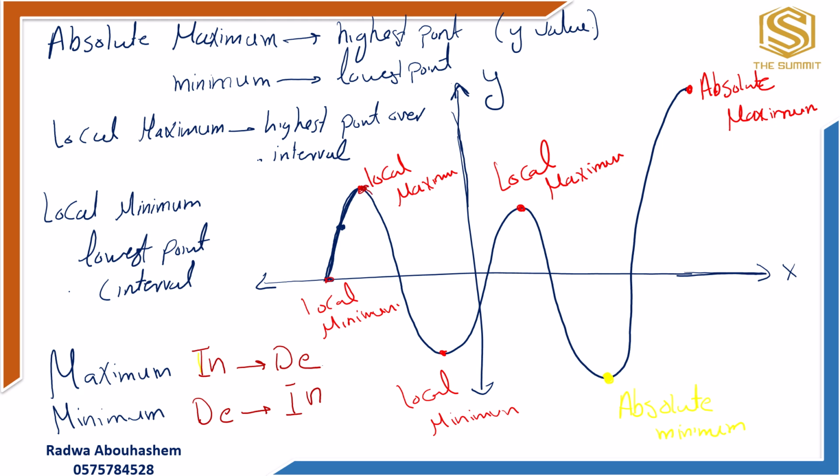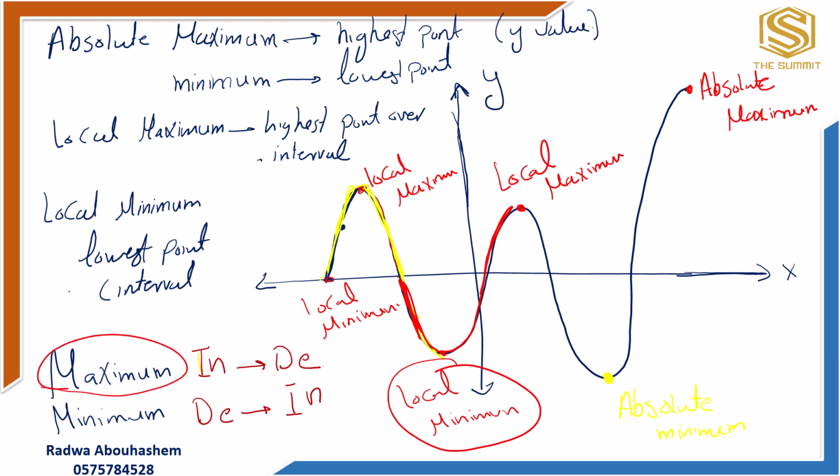This is increase, then decrease. Increase, then decrease. Now you are changing from decreasing to increasing. This is a local minimum. So again, if you are changing from increasing to decreasing, this is a maximum. If you are changing from decreasing to increasing, this is a minimum.